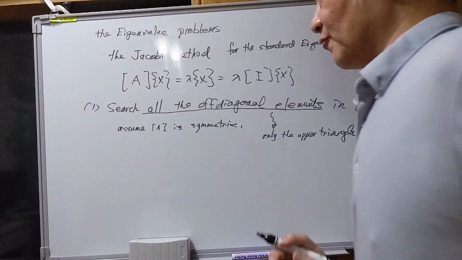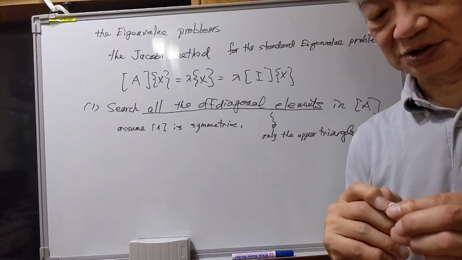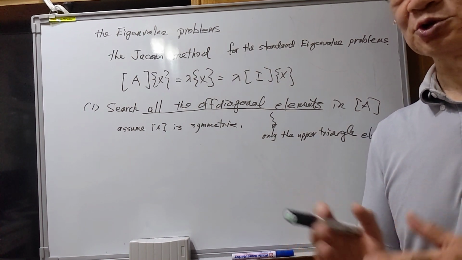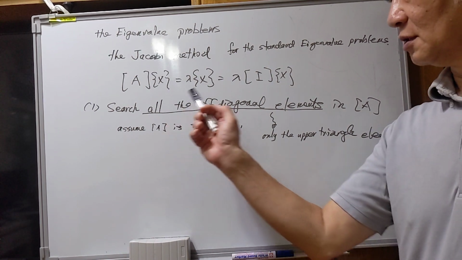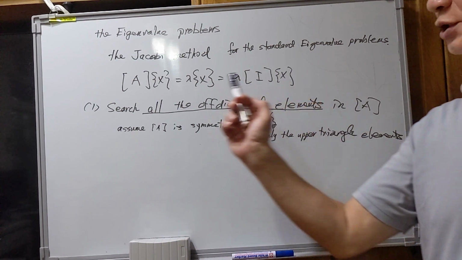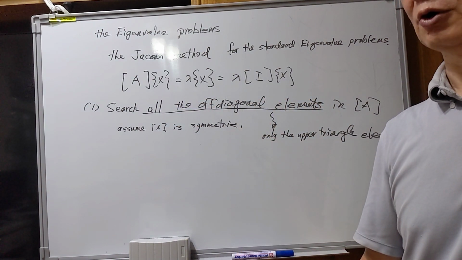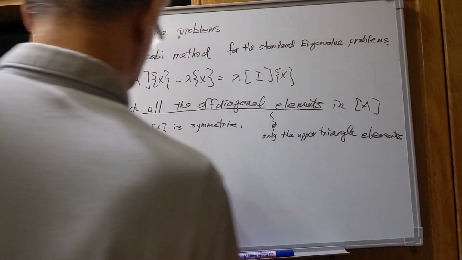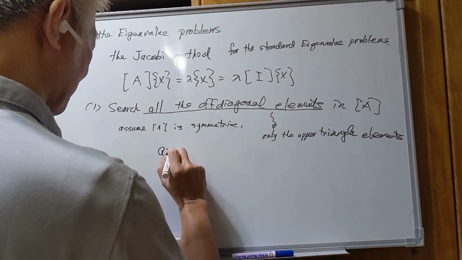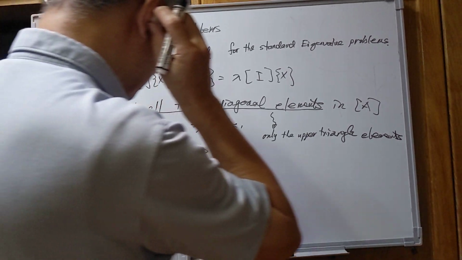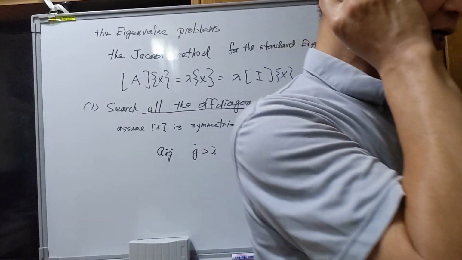So if the A matrix is a symmetric matrix, then to search the off-diagonal elements, we can search for Aij where j is always greater than i.